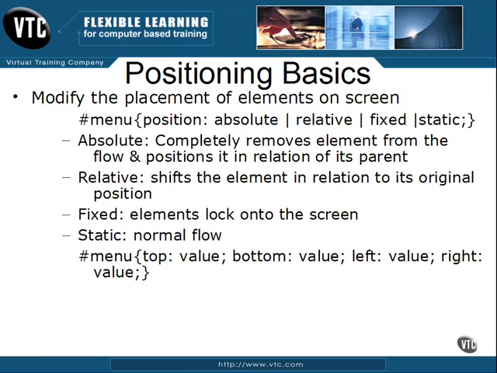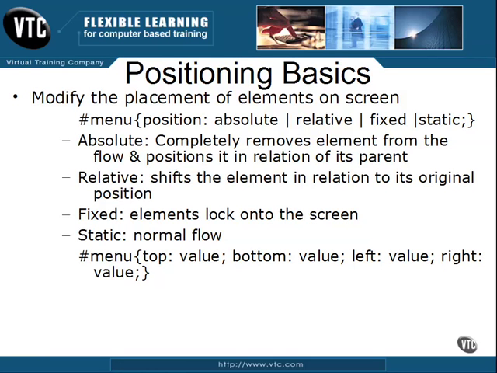Now it is possible for you to use such combinations as top and bottom or left and right, and by specifying how far apart these should be from the top and bottom edge or left and right edge, it will control the width of our element automatically.